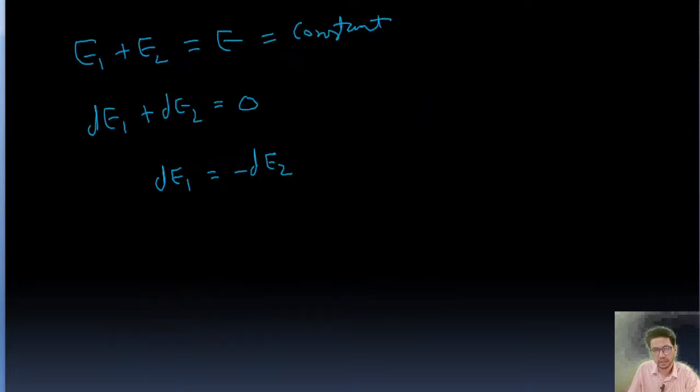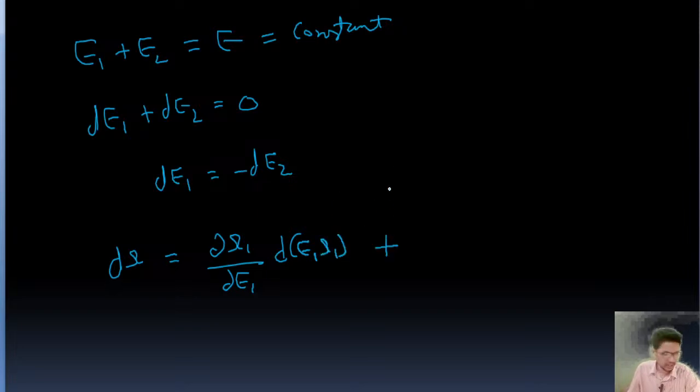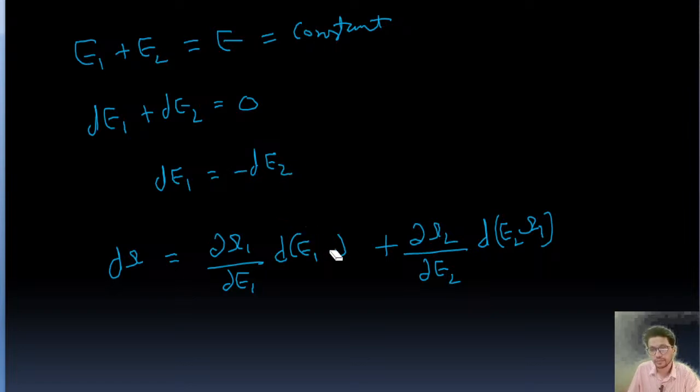So d omega is going to be del omega 1 upon del E1 times dE1 times omega 2, plus del omega 2 upon del E2 times dE2 times omega 1. Okay, my apologies, this is dE2 times omega 1, and this is dE2 omega 2.